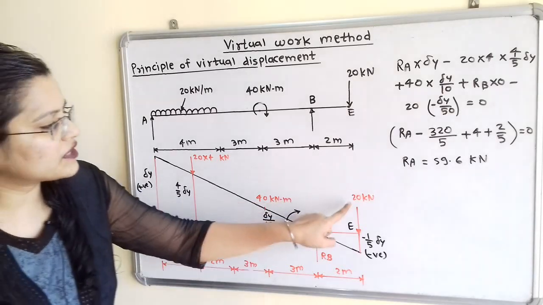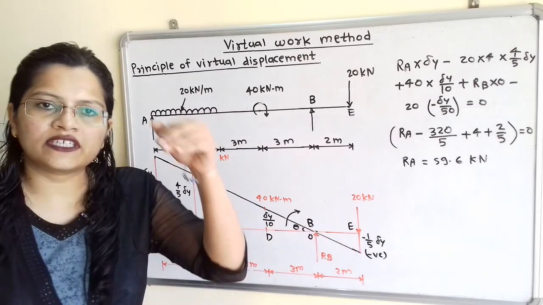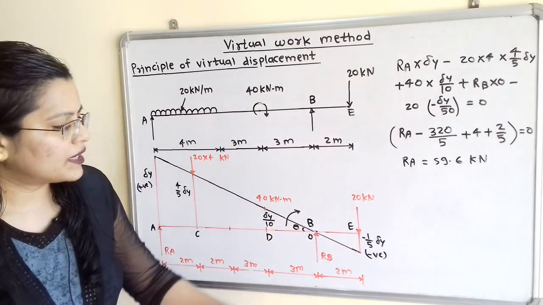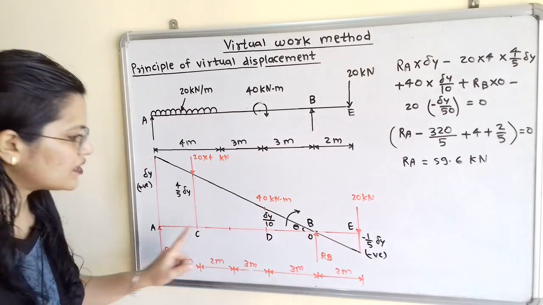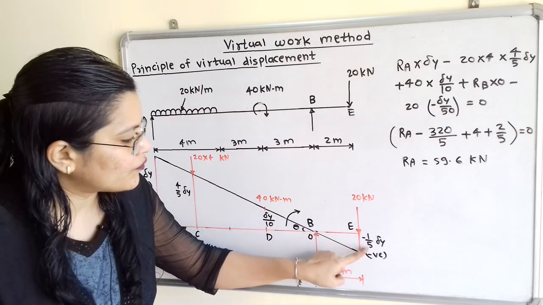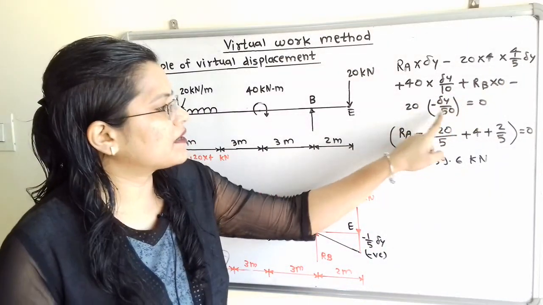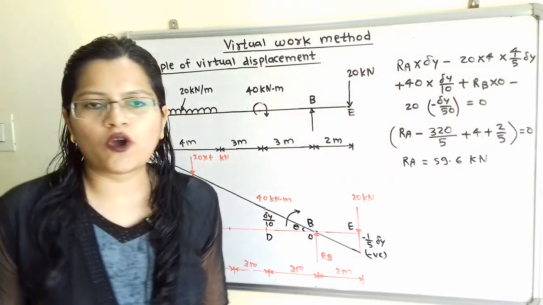Now if we observe the next force, it is 20 kilonewton, direction is downward. So we will take minus 20 multiplied by, this displacement is below the original position, so it is minus 1 by 5 into delta y. So this minus minus will become plus. Now next step is to take delta y as a common term.